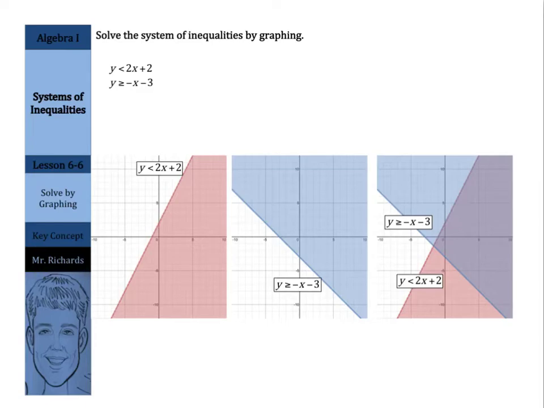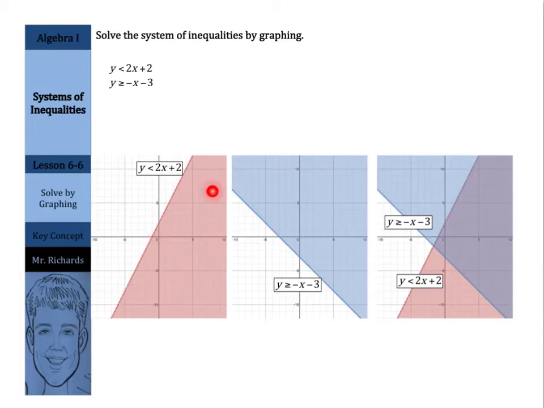In our first example, we solve the system of inequalities by graphing y is less than 2x plus 2 and y is greater than or equal to negative x minus 3. First is the graph of y is less than 2x plus 2. You can see the dotted line shaded to the right.